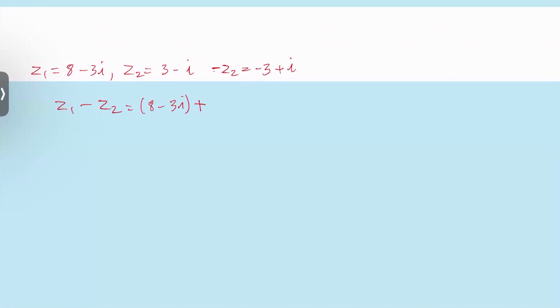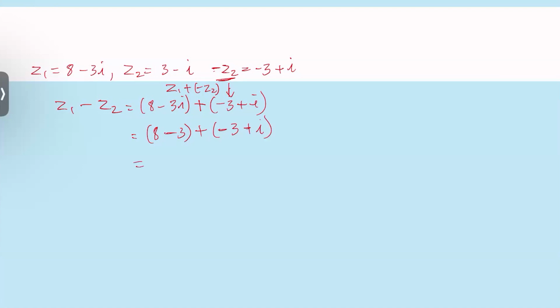Since the difference is Z1 plus minus of Z2, you put the real parts on one side and the imaginary parts on the other side.